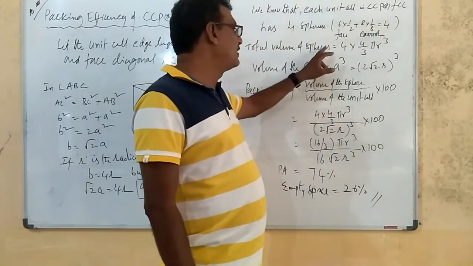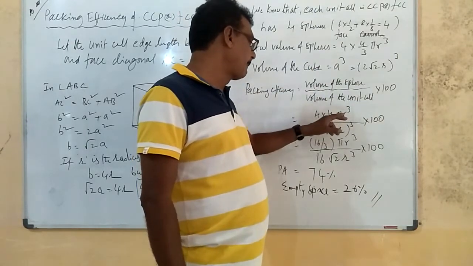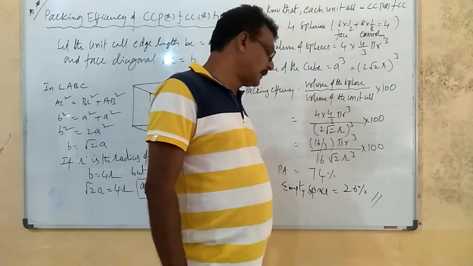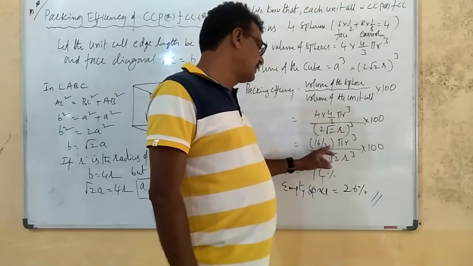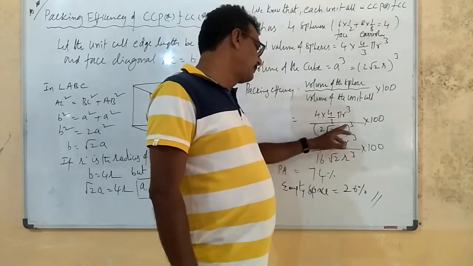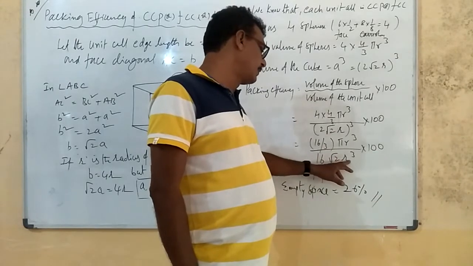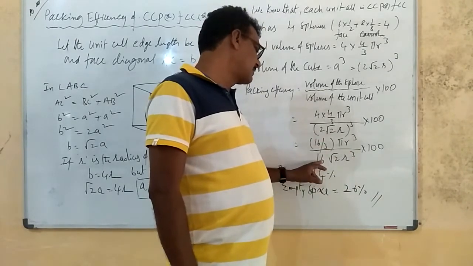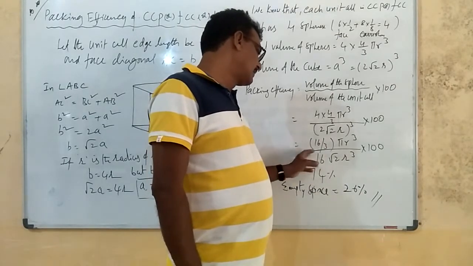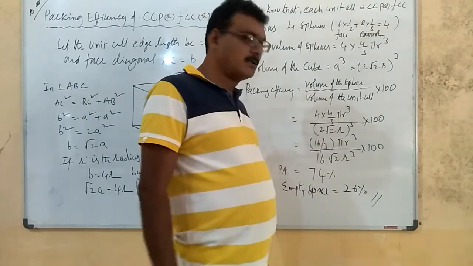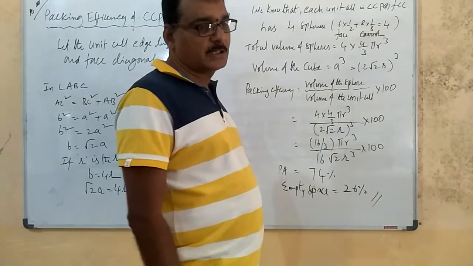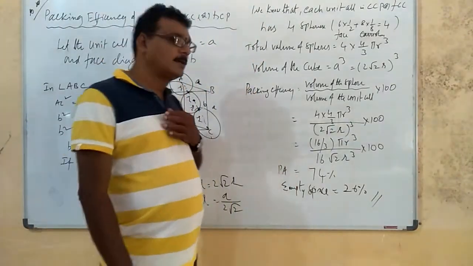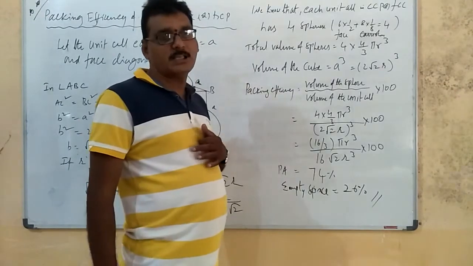Therefore, the volume of the spheres means 4 into 4 by 3 pi r cubed, divided by 2 root 2 r whole cube, into 100. That is equal to 16 by 3 pi r cube. This can be written as 16 into square root 2 into r cube. r cube cancels. 16 by 3, 16 cancels. The total percentage is 74% occupied by the particles in FCC or CCP.